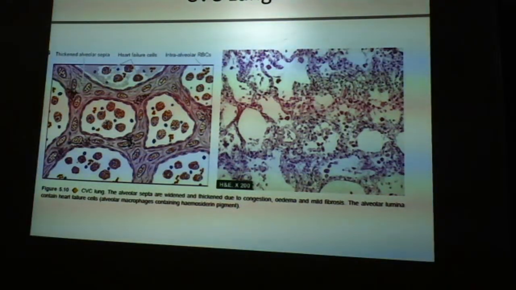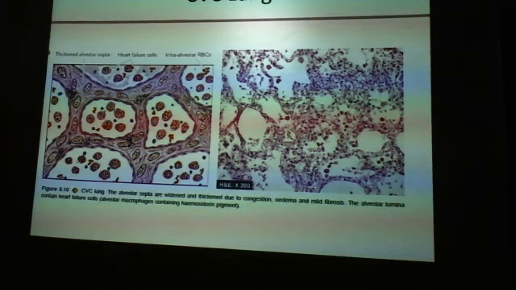Because of the obstruction to the venous outflow, the veins get engorged with blood. You can see these veins filled with RBCs, and so the septa become widened. That is the first thing: widened septa and congested blood vessels.